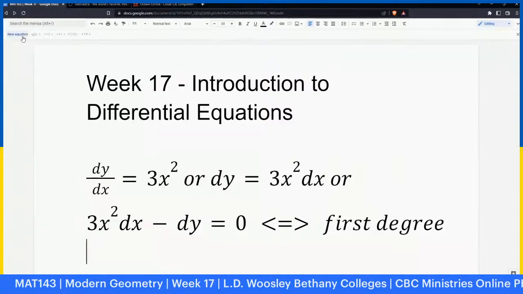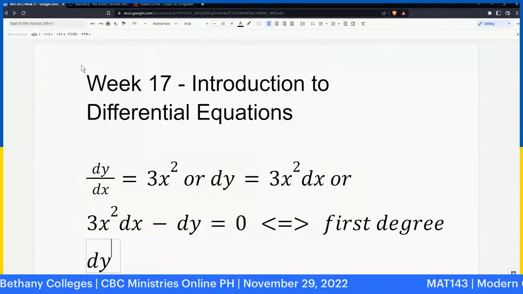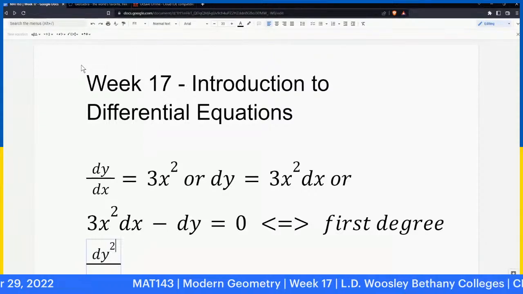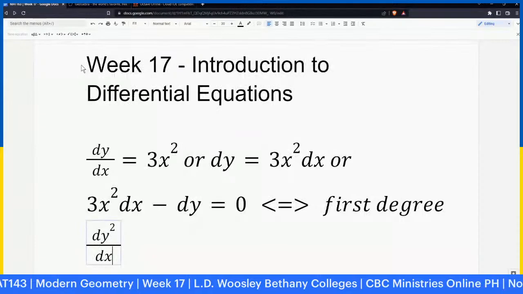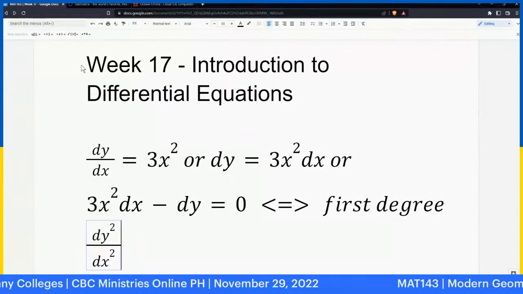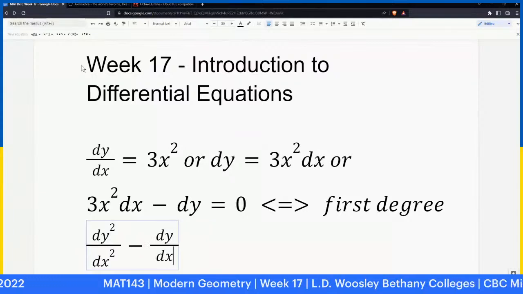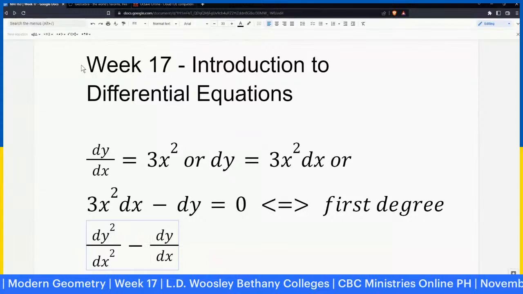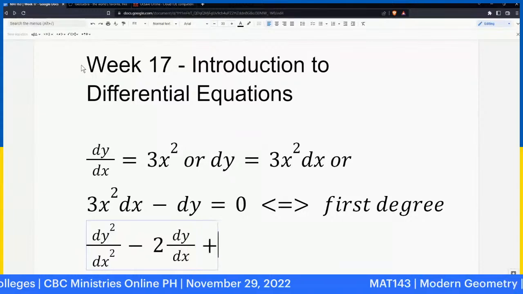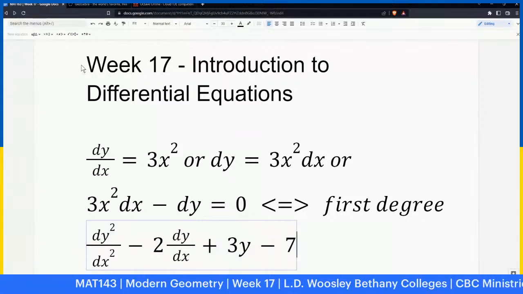For instance, I would like to create another one. So this time, I'll be creating one with a minus, perhaps dy dx, or perhaps there is a constant here, say 2, and then plus 3y, then minus 7 is equal to 0.